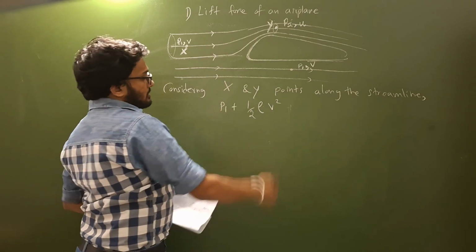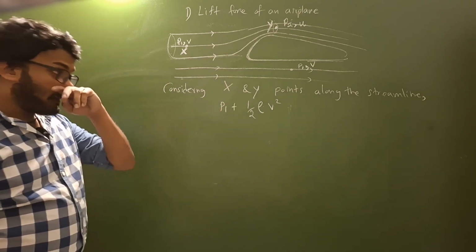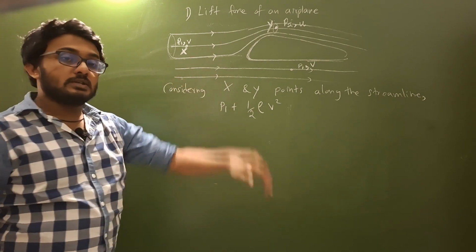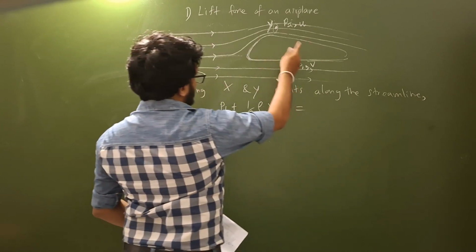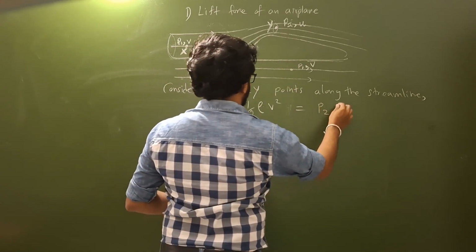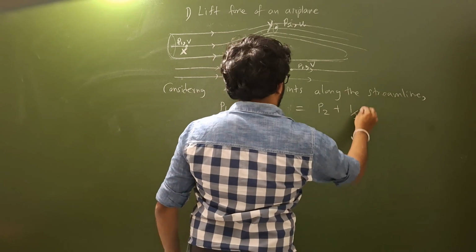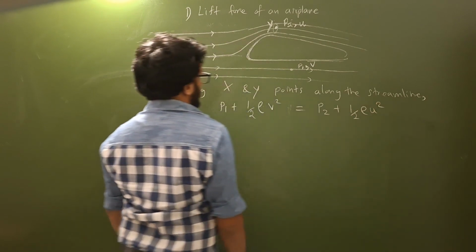We'll just consider this as the horizontal pipe case, right? So P1 plus half rho v squared equals pressure at this place P2 plus half rho u squared.